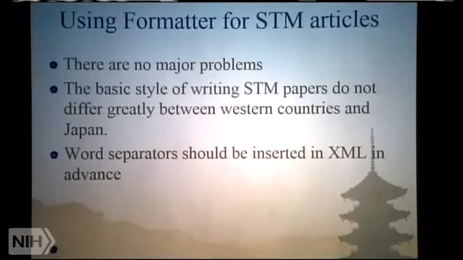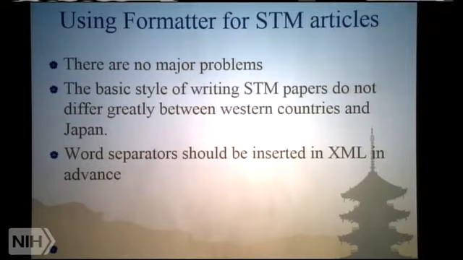This slide shows XSLT used for AH Formatter. The XSLT itself is the same as widely used, but there are some extensions for Japanese rendering, for example here. PDF files thus created are mostly good as far as STM papers are concerned, as they are basically in the same or similar format as the corresponding Western articles.